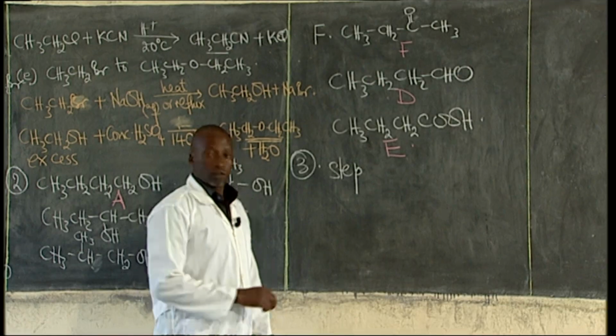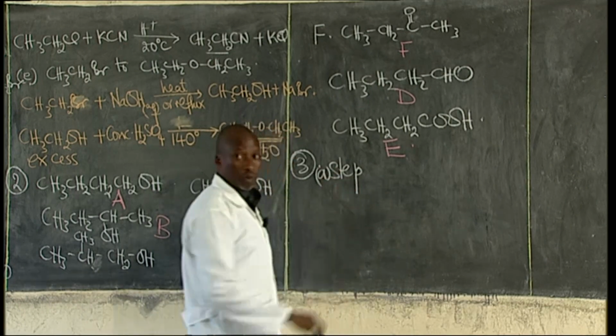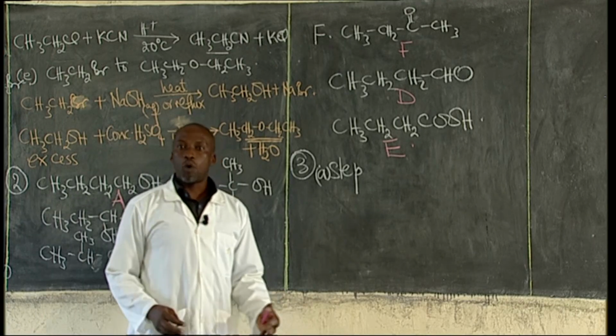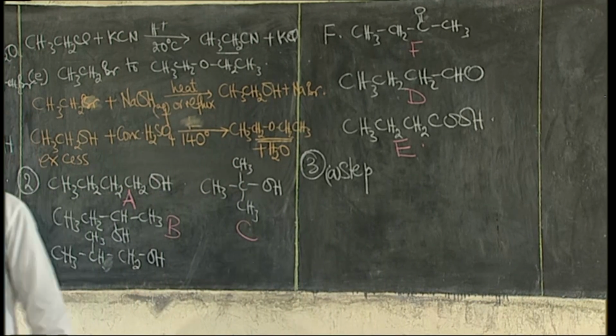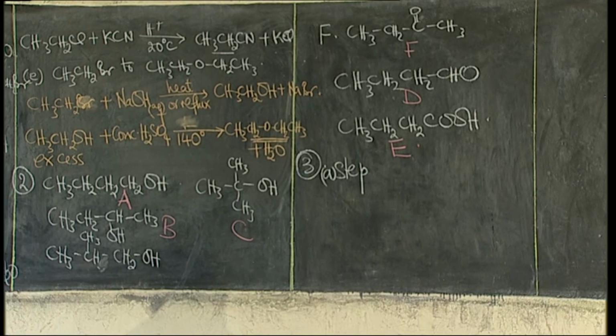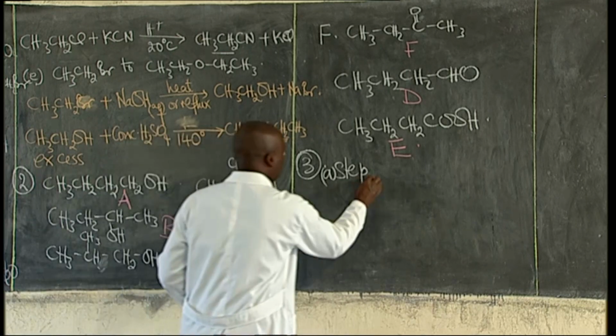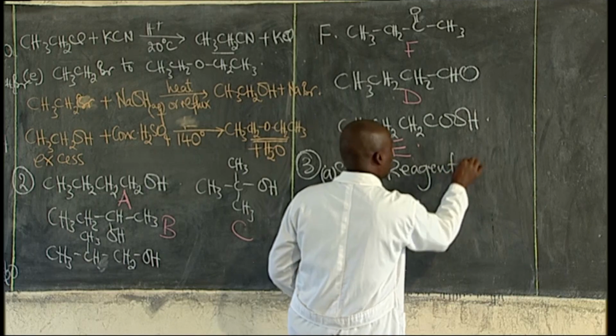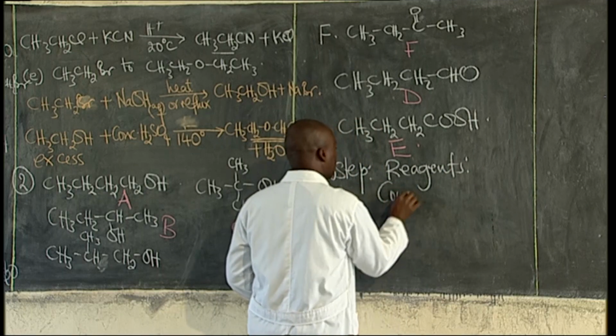This is part A of the question, Roman 1. Step 1, you are moving from an alcohol to alkyl halide. What reagents and conditions? Step 1, reagents, and then conditions.